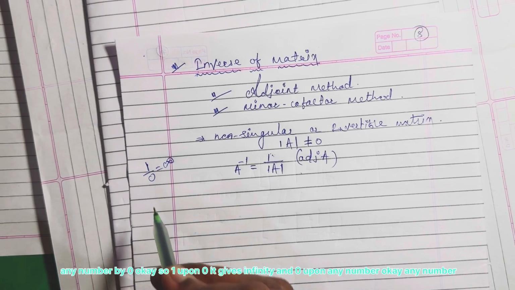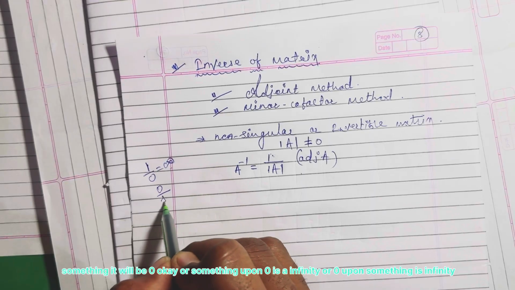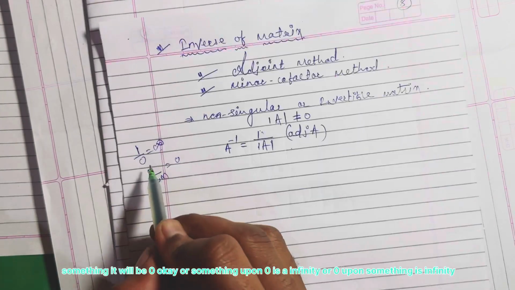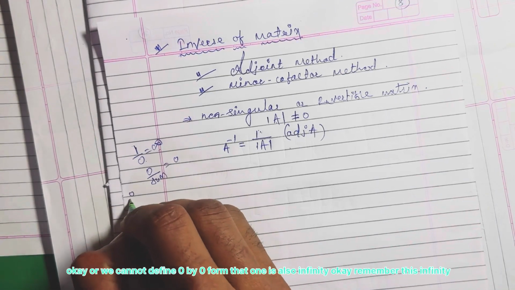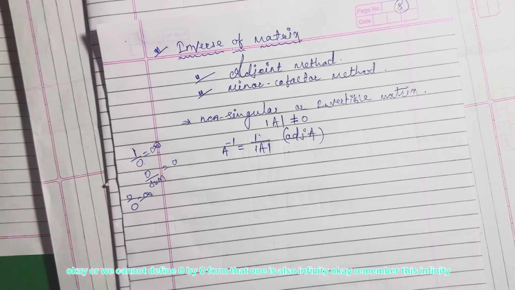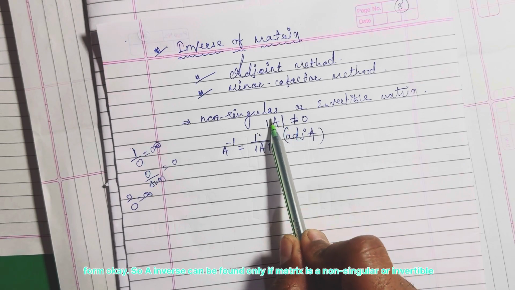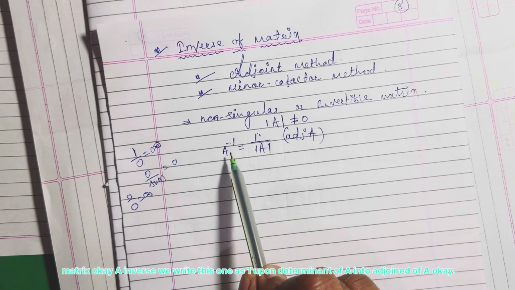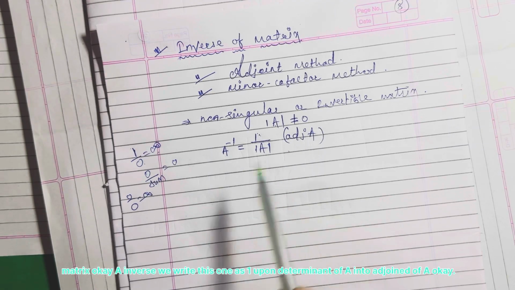So 1 upon 0 gives infinity, something upon 0 is infinity, and 0 upon 0 form is also infinity. Remember this infinity form. So A inverse can be found only if the matrix is non-singular or invertible. We write A inverse as 1 upon determinant of A into adjoint of A.